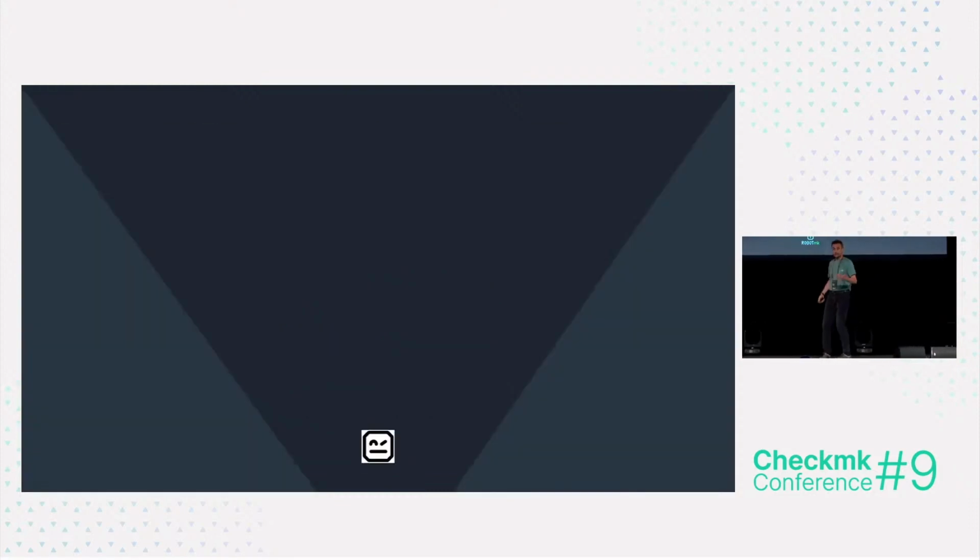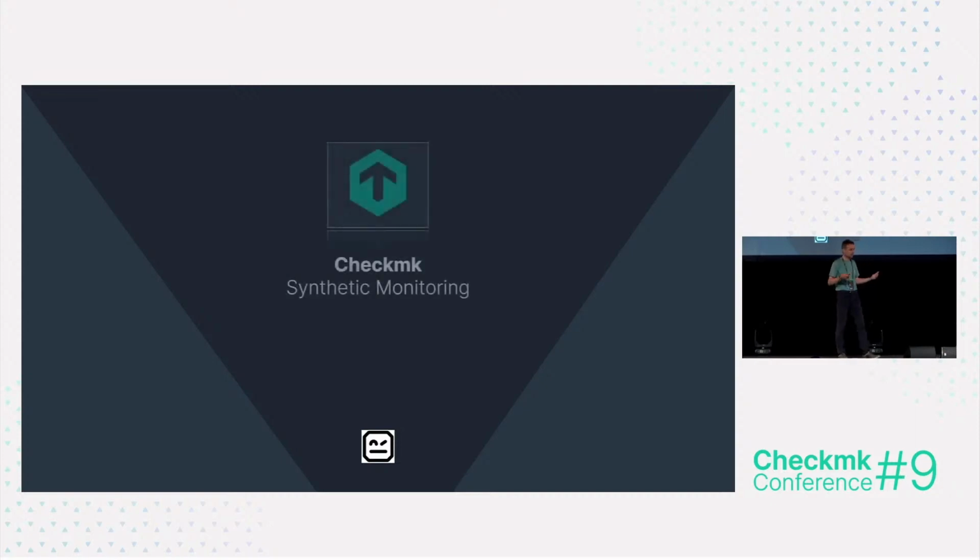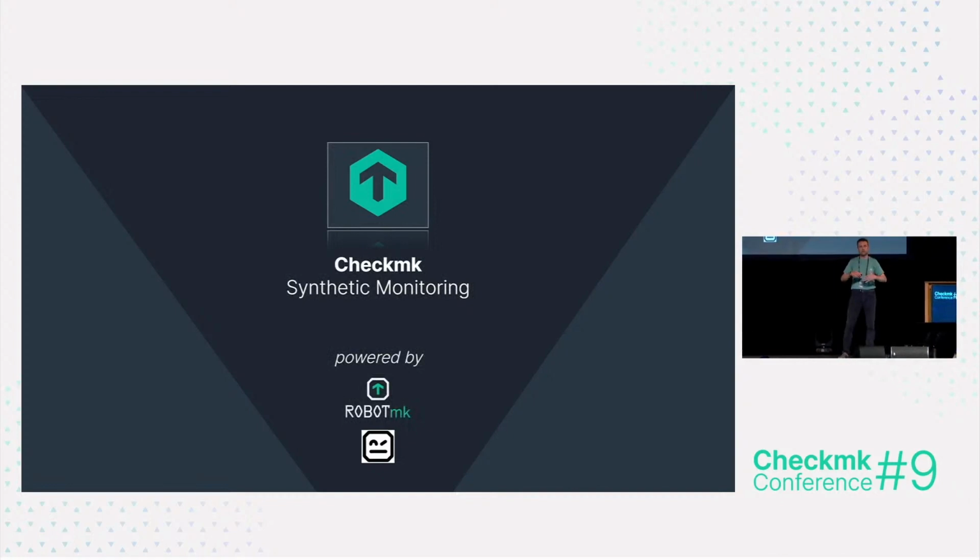And unlike in real life, we in IT can enormously benefit from automation using a tool like Robot Framework. And with the help of Robotmk, we can bring this technology into Checkmk to build synthetic monitoring. And with that tool, we want to provide you the ability to keep your applications available, performant, and functional.